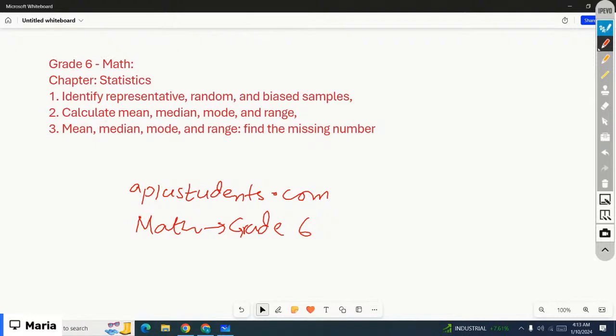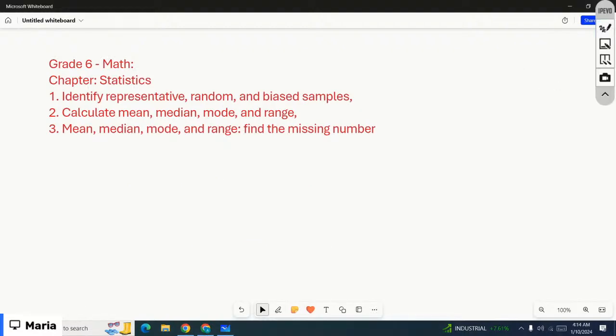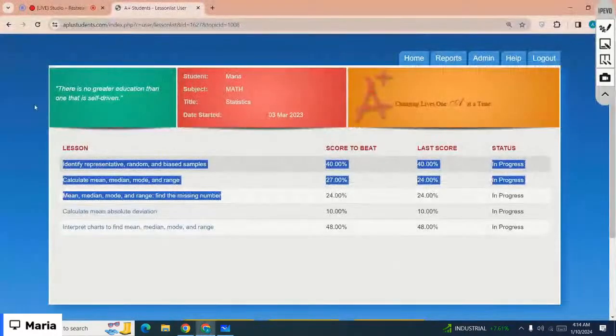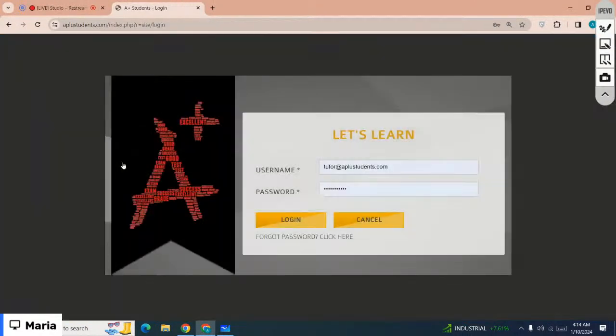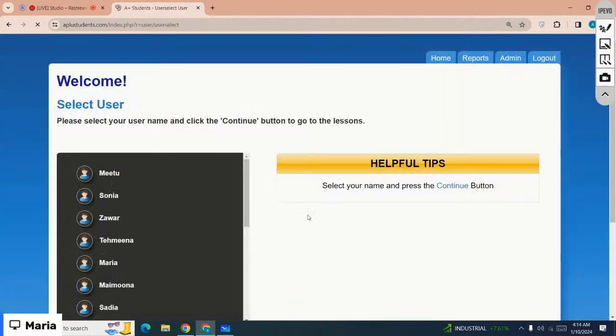Okay, so let's start with the first lesson, that is identify representative, random and biased samples. Here I'm on grade 6 math. The chapter we're working on is statistics. The lesson is identify representative, random and biased samples.